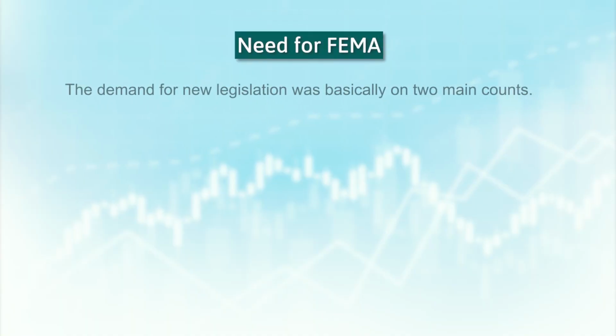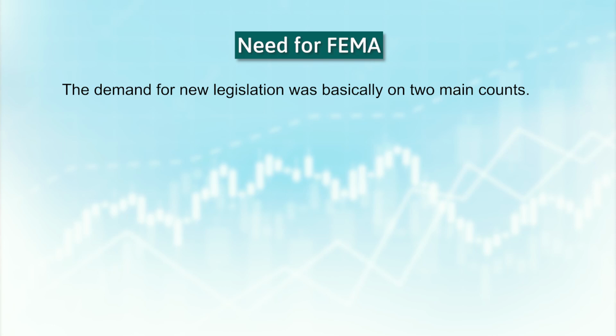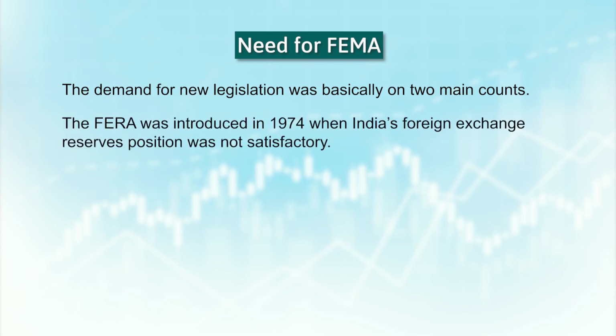So here we look at what the requirements of this FEMA are. The first requirement is the demand for new legislation, which was basically on two main counts. FERA was introduced in 1974 when India's foreign exchange reserves were not satisfactory, because at that point of time the Indian economy was following an inward oriented model, more towards import substitution and less towards export promotion.